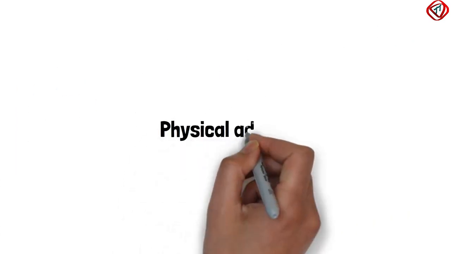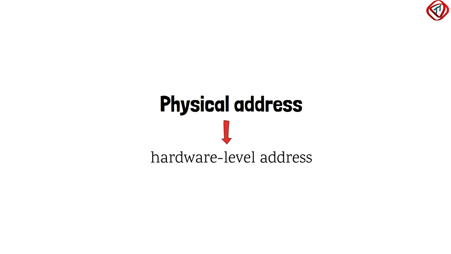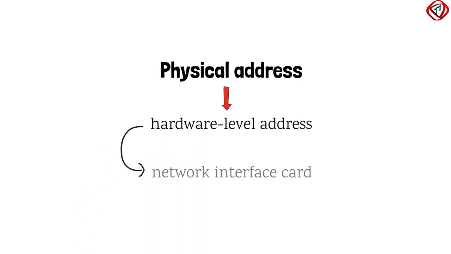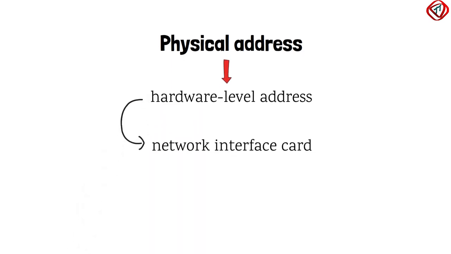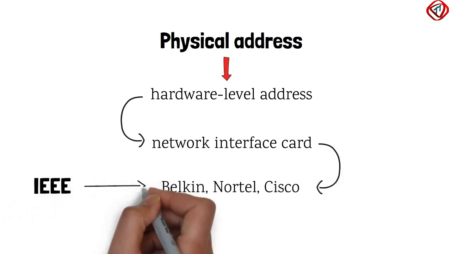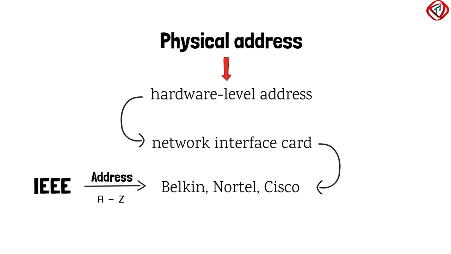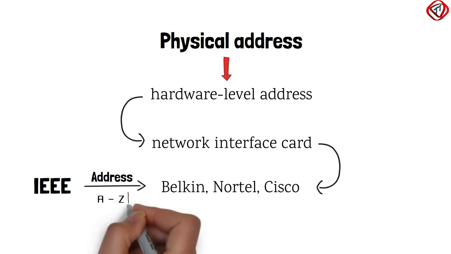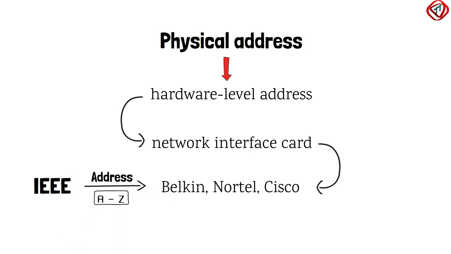The physical address is the permanent hardware level address embedded in the network interface card of a device by its manufacturer. IEEE gives a block of addresses to the manufacturer. The manufacturer of an IC takes an address from the address pool and embeds a unique physical address in each NIC it manufactures.